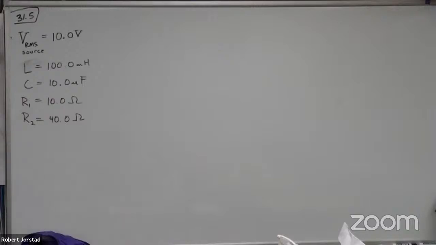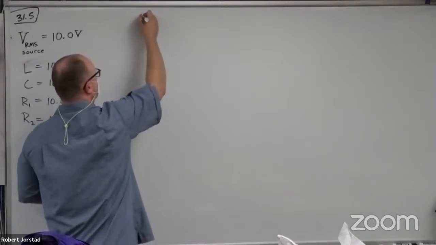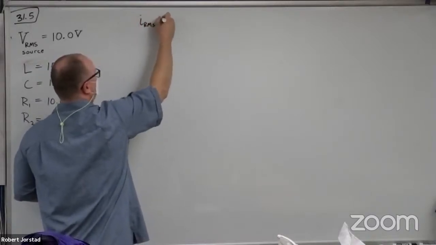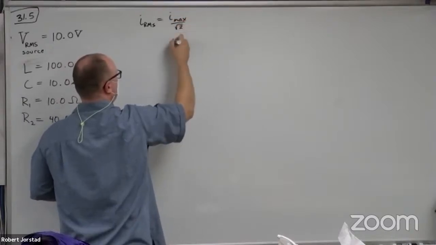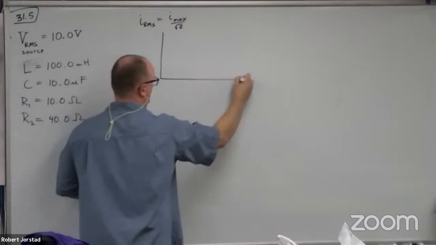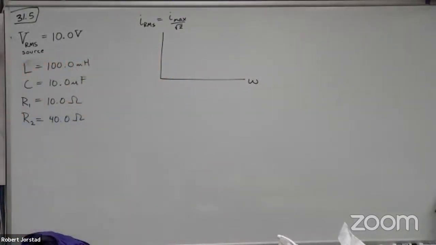If you look at those graphs, look carefully at the vertical axes. I was plotting IRMS. But if you recall, isn't IRMS equal to Imax over root 2? So basically on this axis, I'm plotting the current amplitude versus frequency, just using the factor of root 2.